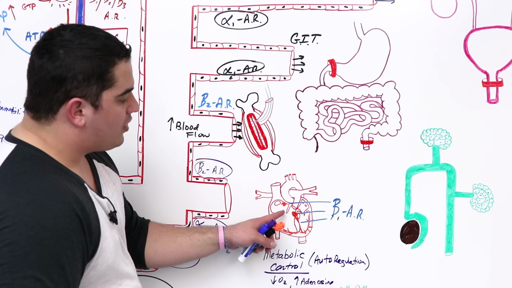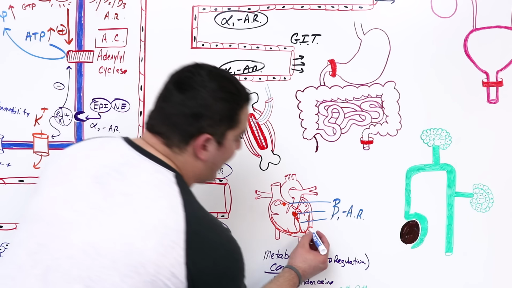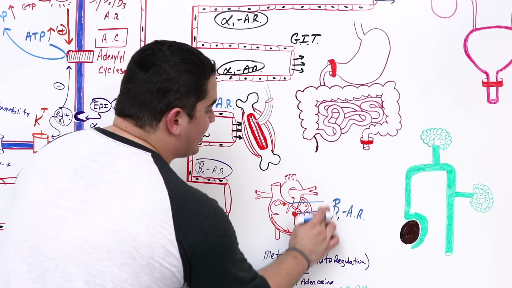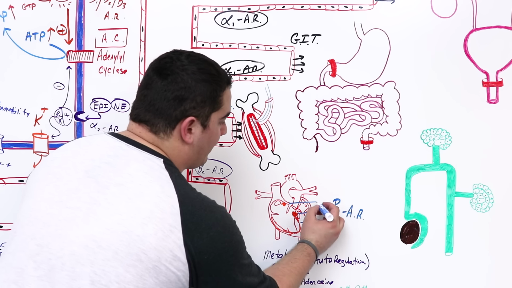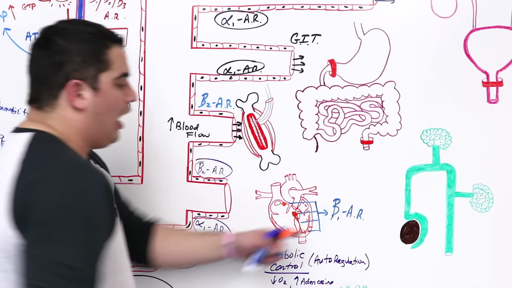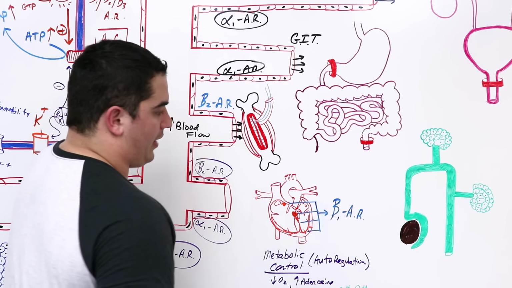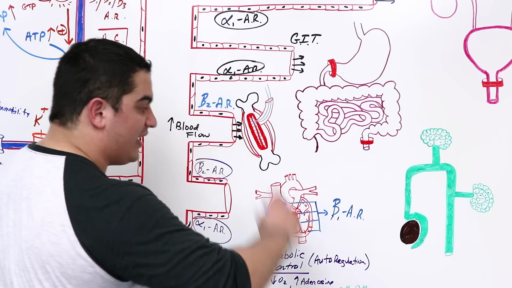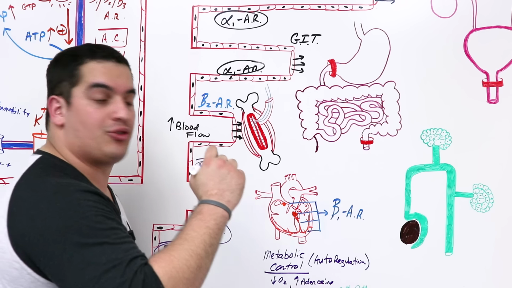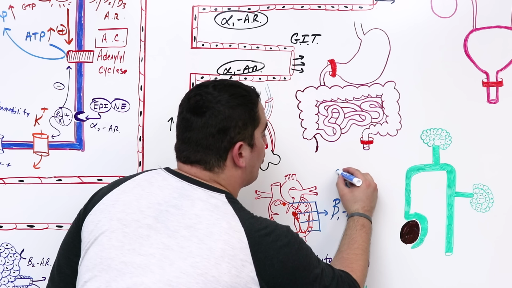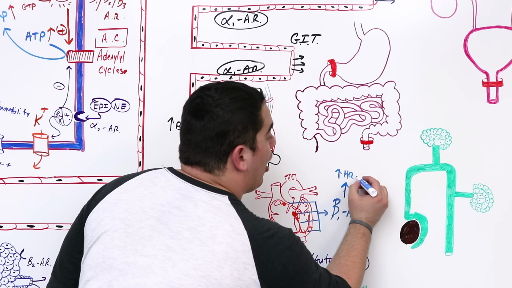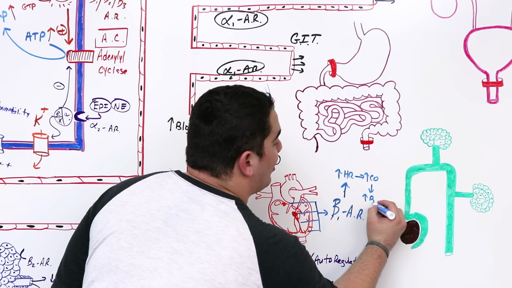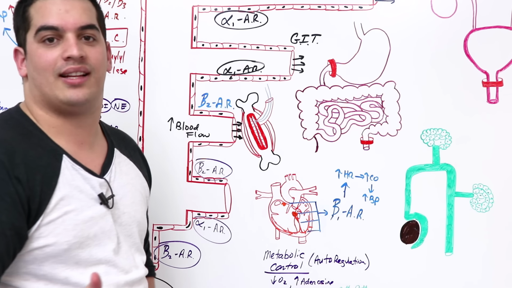Now, we said that it's located on the SA node, AV node, bundle of His, and the actual contractile myocardium. So if it's located on all these different locations, I want you to remember the overall effect. If it acts on the AV node, SA node, and the bundle of His, it's going to increase the action potentials. That is going to increase the heart rate. Heart rate increases cardiac output. Increasing cardiac output increases blood pressure. So that should make sense.